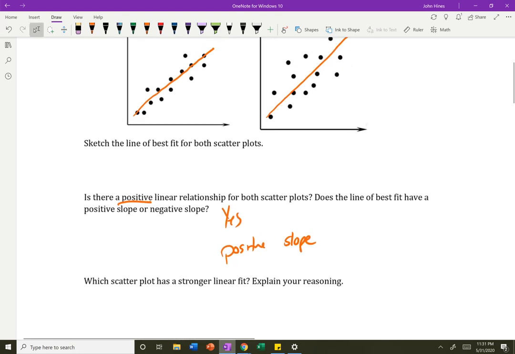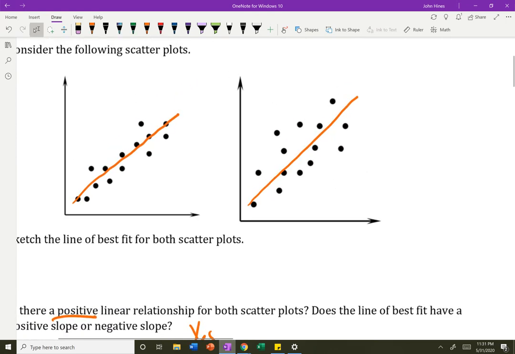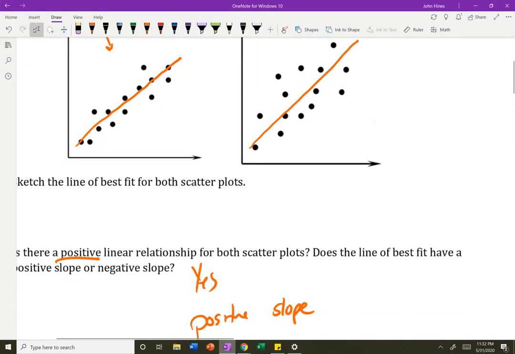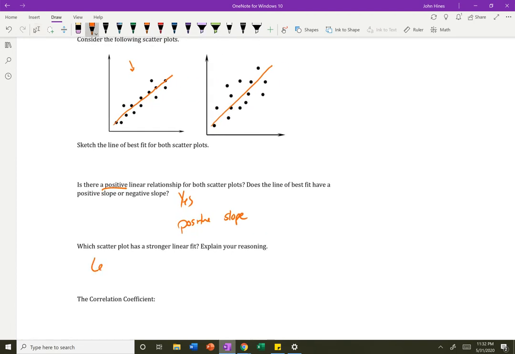Which scatter plot is a stronger linear fit? So which of these lines of best fit would you say is stronger? I'm going to have you think about that for a second. I'm hoping you said the one on the left. Why is that a stronger fit compared to that one? Well, the dots are closer to the line.